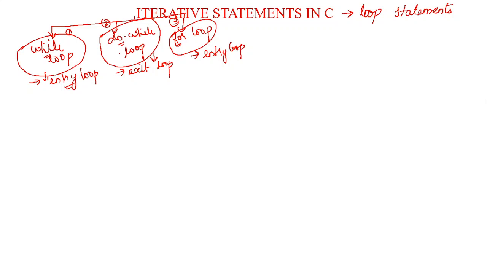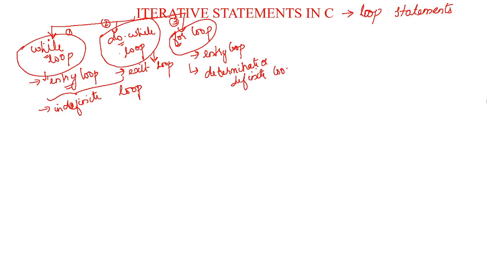One of the other differences: the while loop and do while loop come under the category of indefinite loop, whereas your for loop comes under the category of determinate or definite loop.